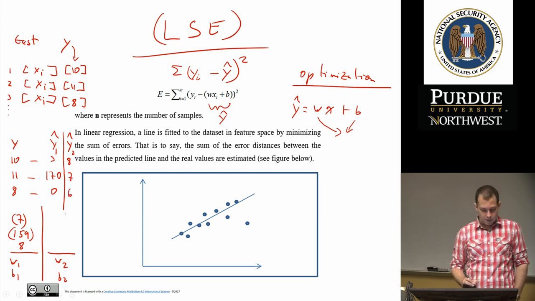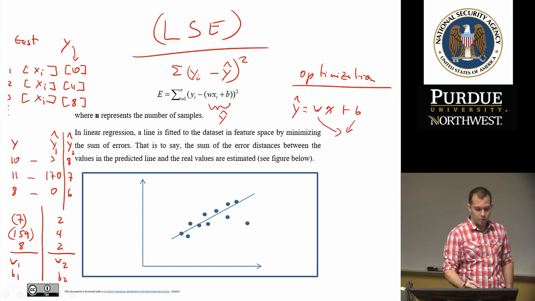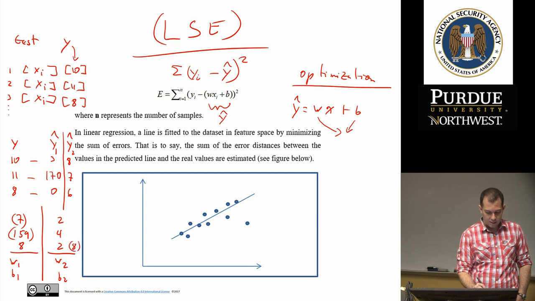Now if we take the differences between these values, we see that the difference between 10 and 8 is 2, the difference between 11 and 7 is 4, and the difference between 8 and 6 is 2. If we add these numbers together, we can see that this is 8. So the difference here is 8, whereas the difference before was somewhere above 150.